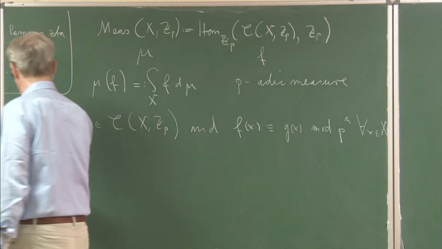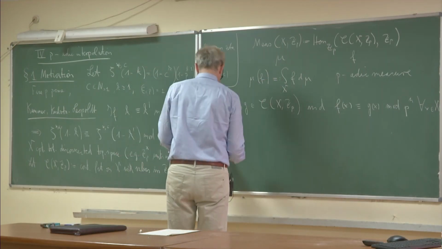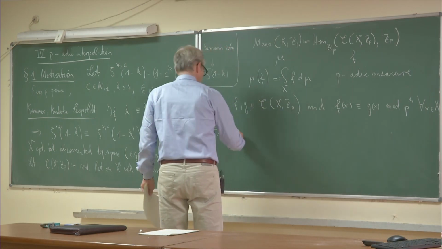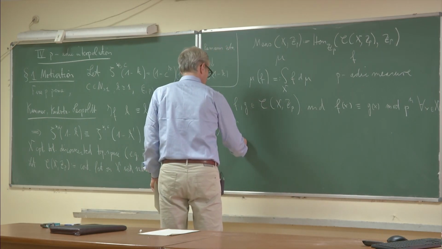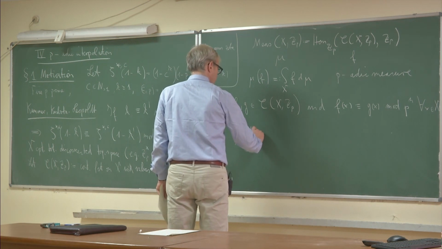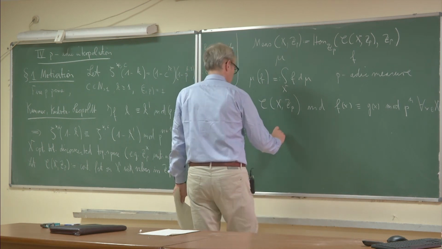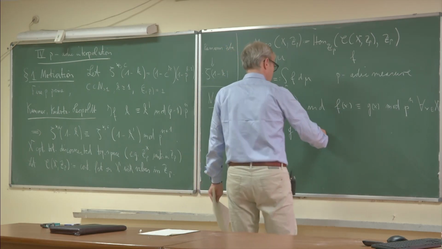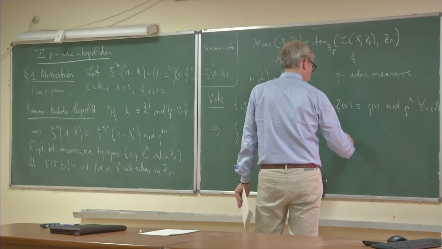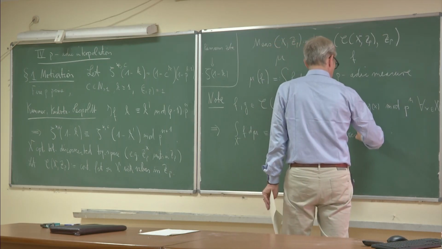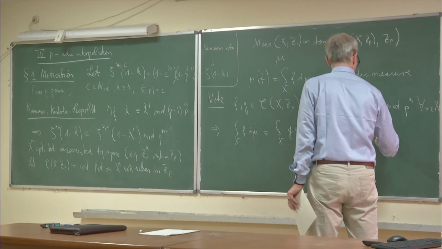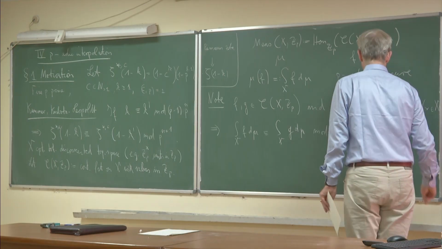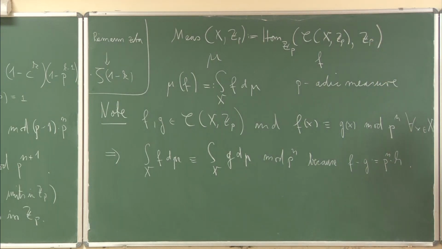Then it immediately follows that the values of these measures are also congruent. Yep. So the integral of f d mu is congruent to the integral of g d mu mod p to the n, because that's rather trivial. So f minus g is of the form p to the n times some function h. Yeah.